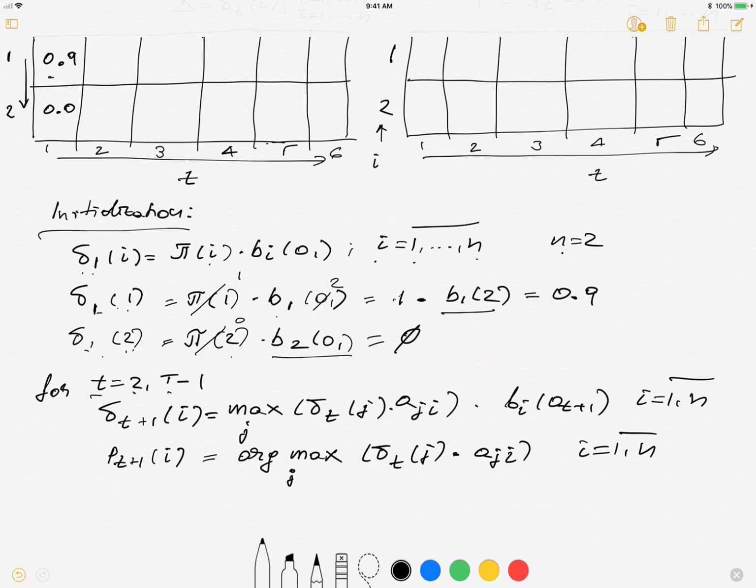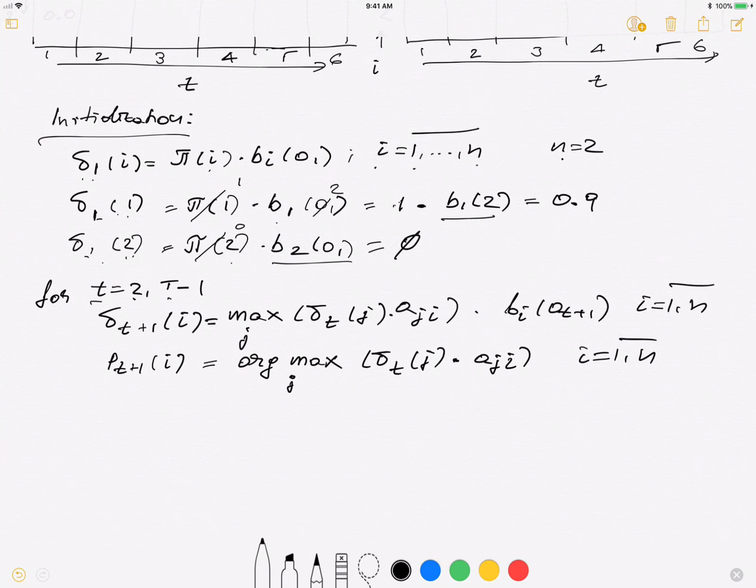So let's see how this step works for t equal 2. Let's look at these expressions. In fact, I need to find the maximum value of what?